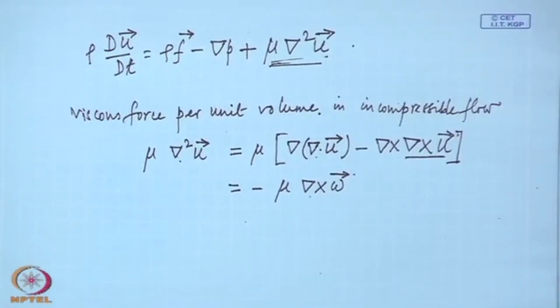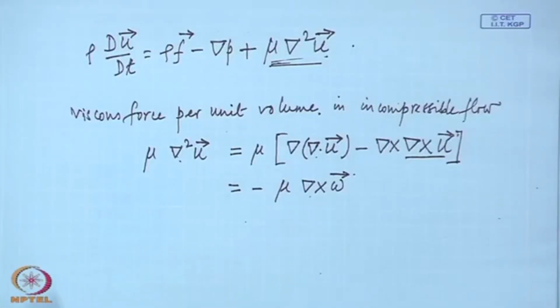So, while rate of strain and viscous force are cause and effect, this vorticity and viscous force equality is not a cause and effect relationship, it is just a mathematical coincidence, a mathematical relation.